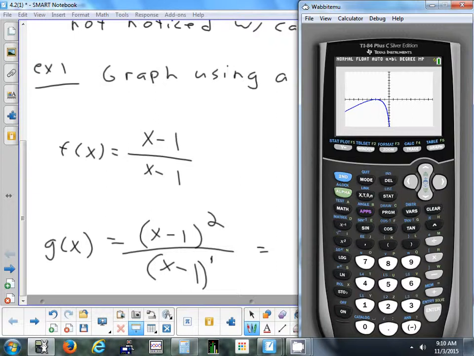Okay, we're getting a vertical asymptote, right? And it's actually going off the screen. Not sure how high up it goes, but let's see if we can see it. There it is. Getting a vertical asymptote at 1, just by changing one number from plus 1 to plus 3.